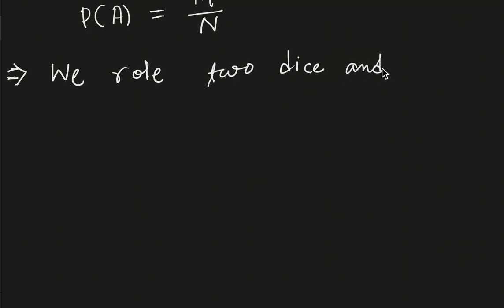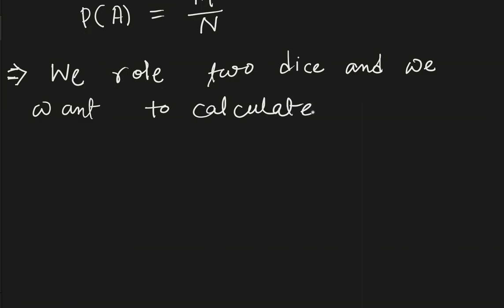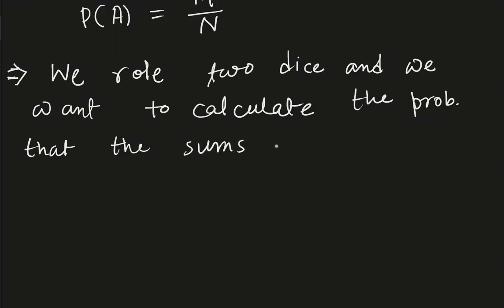and we want to calculate the probability that the sum of the outcomes is 7.